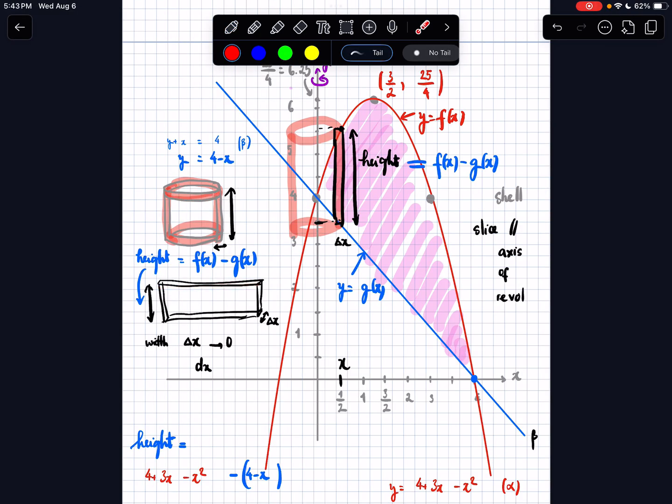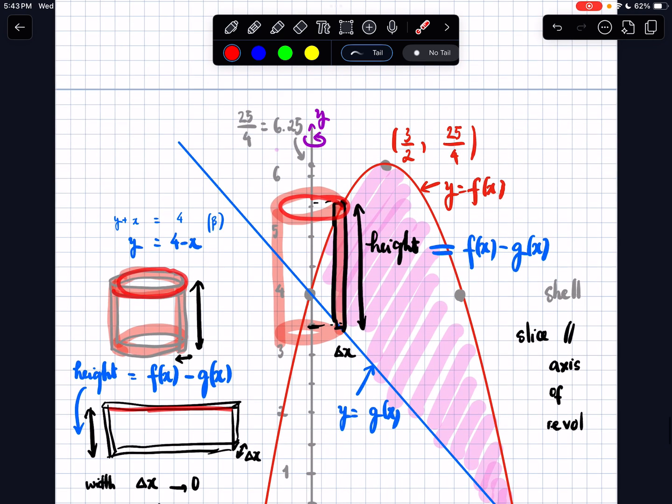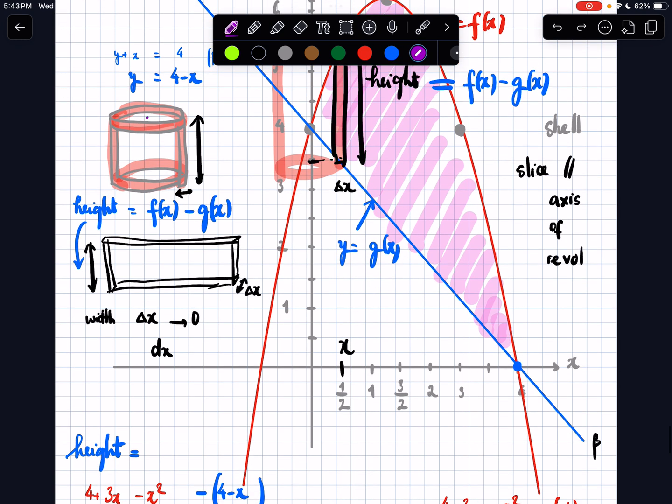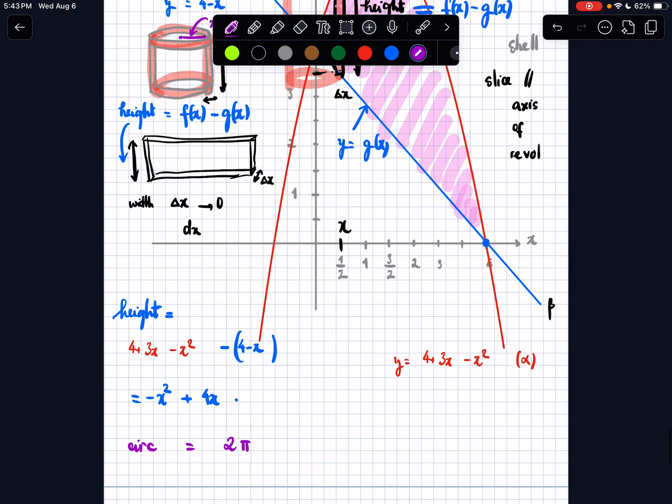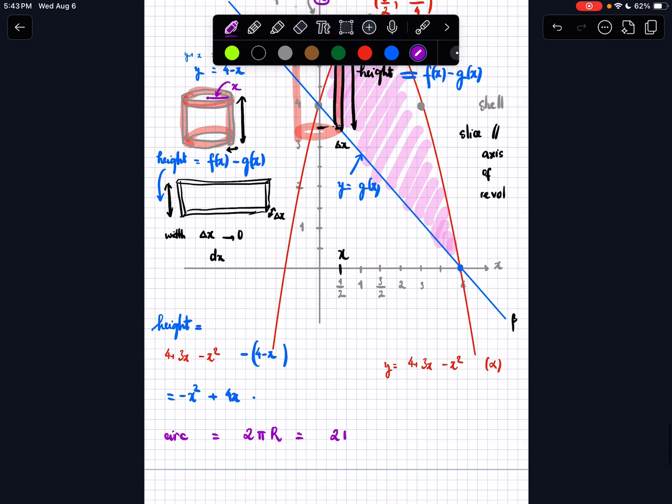This length is the circumference of this circle. This circle has radius x. So the circumference of the circle is 2 pi radius, and in our case 2 pi x.